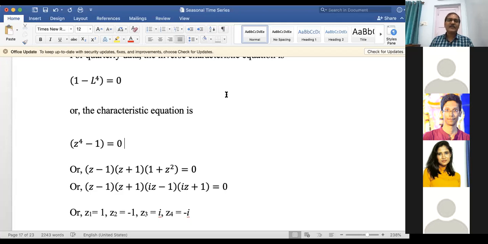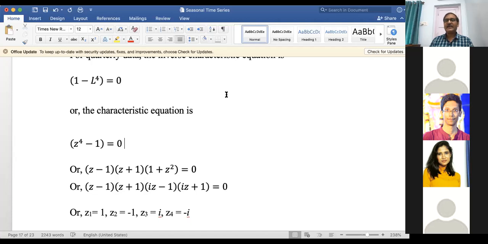As in the case of quarterly data, the number of characteristic roots is equal to 4. So 4 values of z you will get. In the case of monthly data, 12 values of z you will get. In the case of daily data, 7 values of z you will get. And in the case of weekly data, you will get 52 values of z.